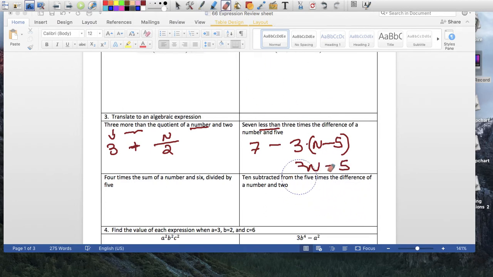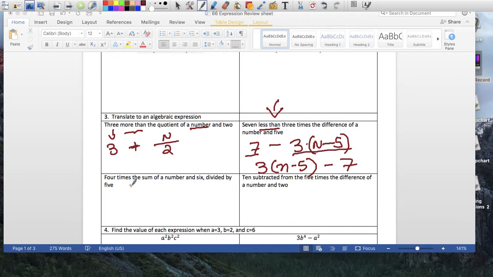I want to subtract these two first and then multiply by 3. Now, don't forget that less than means I'm going to have to switch places. So 3 times parentheses n minus 5 will come to the front and the minus 7 will go to the back. I have to switch places between this term and this term.